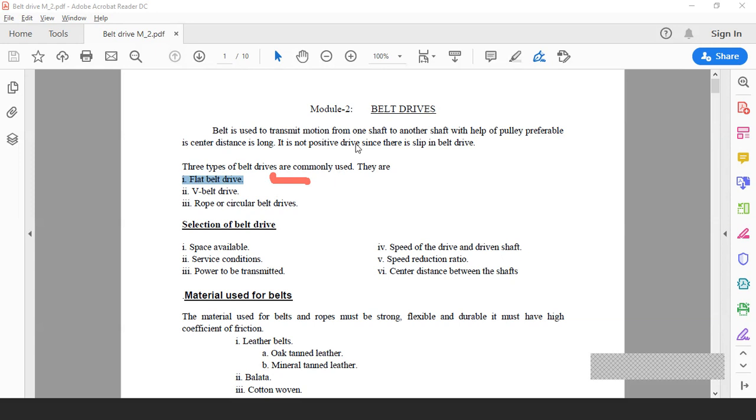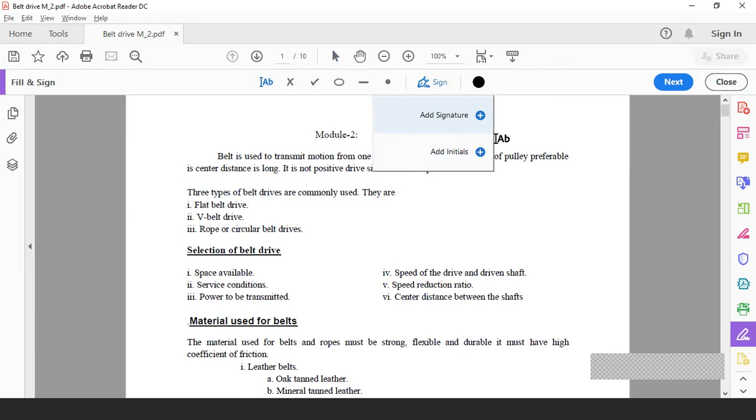The next one is the V belt drive. In the case of the V belt drive, the cross section has the shape of a trapezoid.